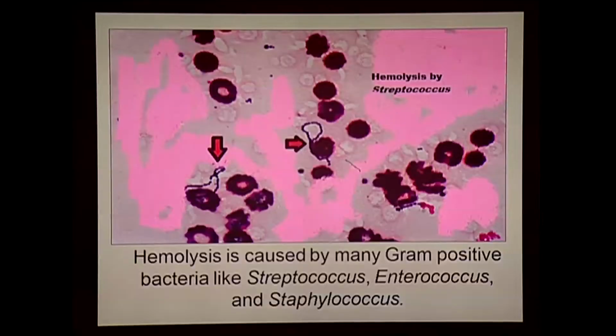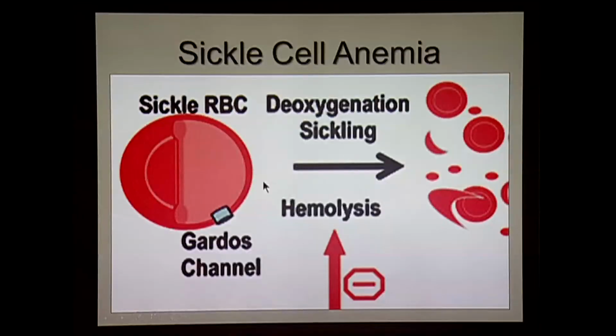Now, hemolysis inside our system can be caused in the presence of many gram-positive bacteria like Streptococcus, Enterococcus, Staphylococcus, and also in case of malaria, due to the presence of Plasmodium parasite, hemolysis can take place. Also, hemolysis is observed in many autoimmune disorders as well as in some genetic disorders like sickle cell anemia, glucose 6-phosphate dehydrogenase deficiency, etc.